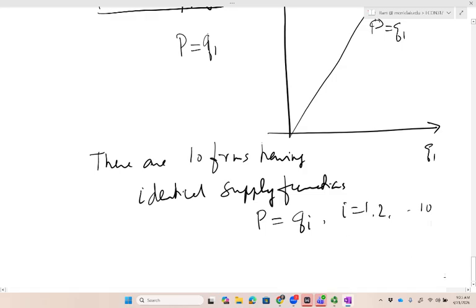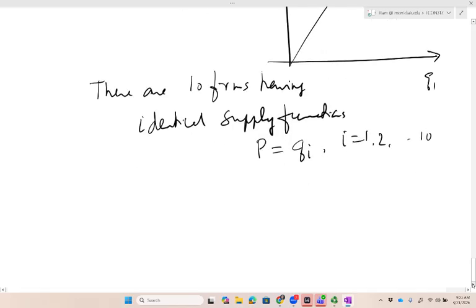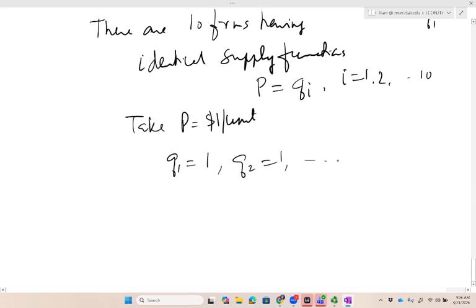Now, when we want to compute the aggregate supply, I am going to add up the quantities supplied by each firm at any given price. So for example, take P equal to $1 per unit. Then you can see Q1 is equal to the price, so 1 unit. Q2 is 1 unit, on and on. Q10 is 1 unit.